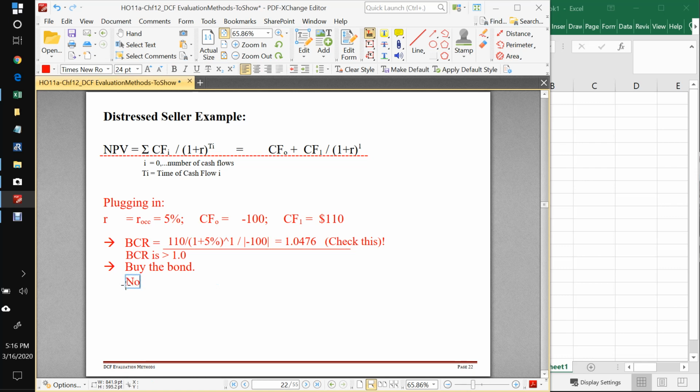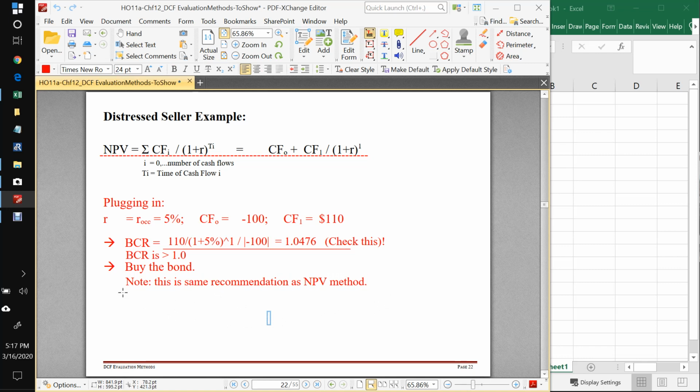And you want to note that this is the same recommendation as we got in the NPV method.